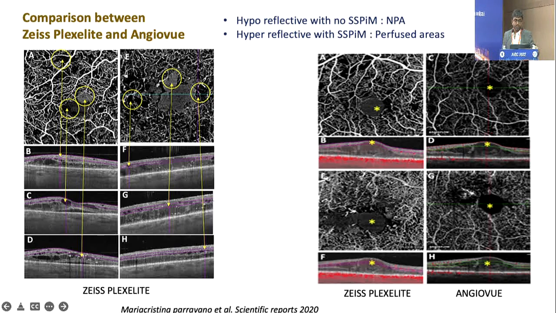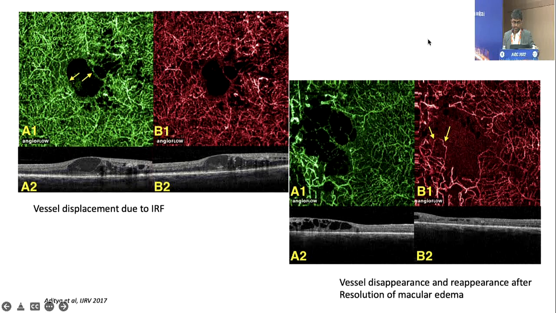So you need to know the difference between the two machines, Zeiss and AngioView. AngioView has a little less hyperreflective spaces here, whereas Zeiss has more hyperreflective. So when there is hyperreflectivity with no SSPM, then you should consider these as NPA, non-perfusion areas. When there is hyperreflectivity with SSPM, then these should be considered as perfused areas.